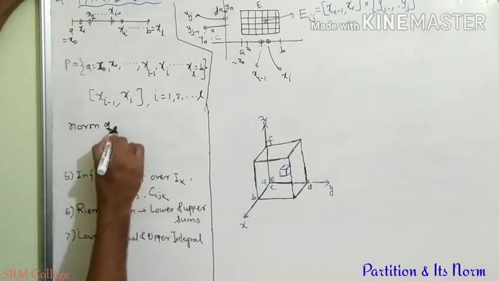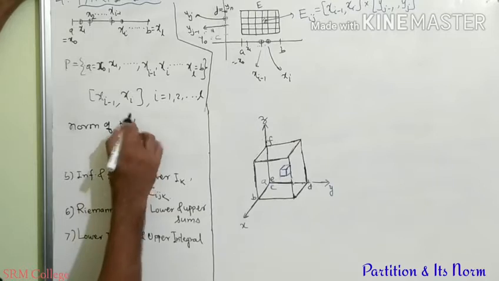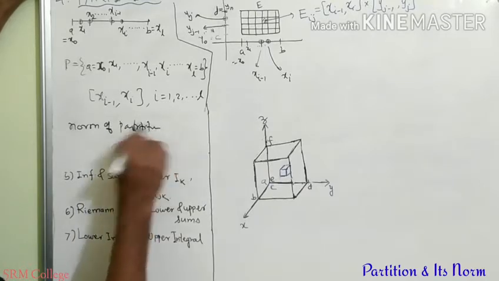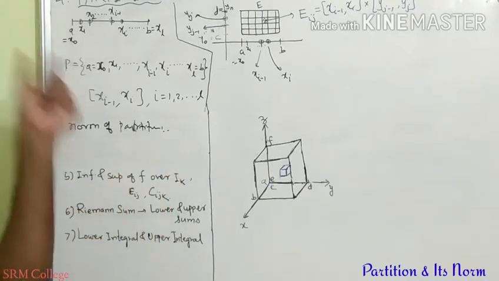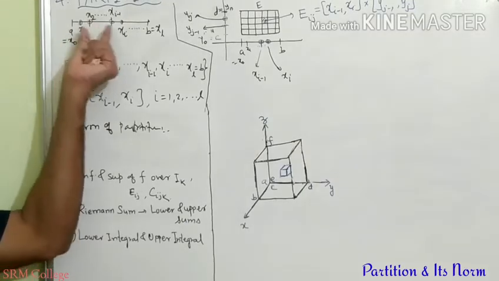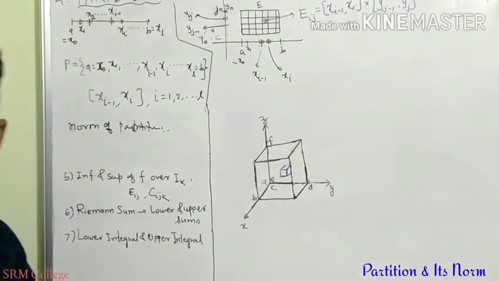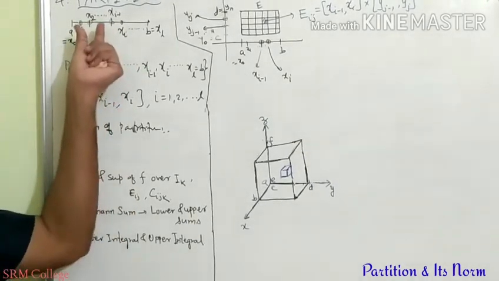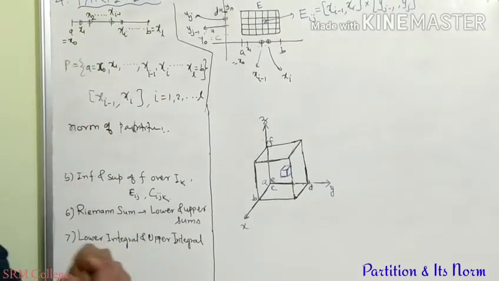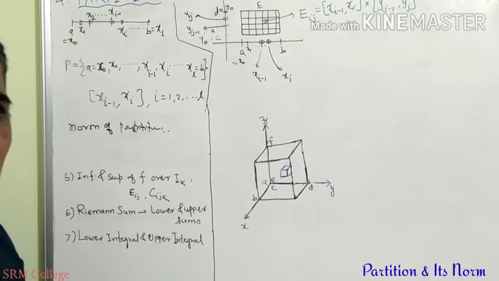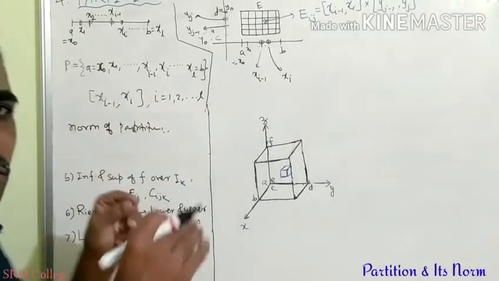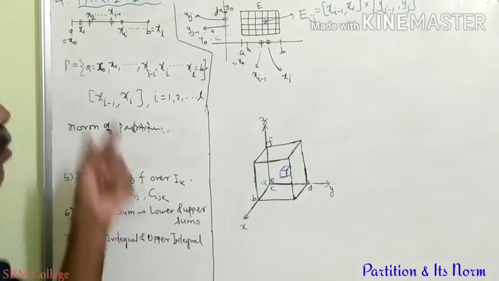Norm of a partition. What do we mean by norm? As these points divide this interval into small subintervals, each subinterval has a certain length. Not necessarily should all these subintervals be of equal length; they may be of unequal length.